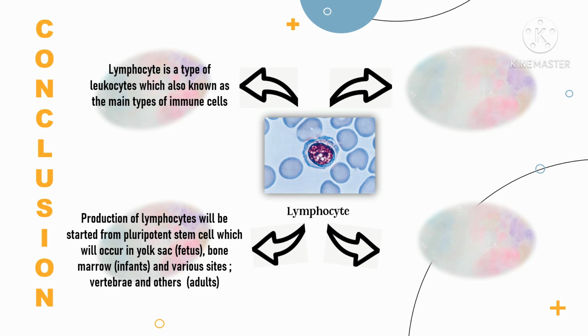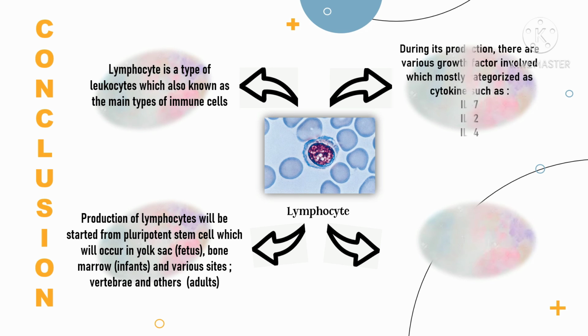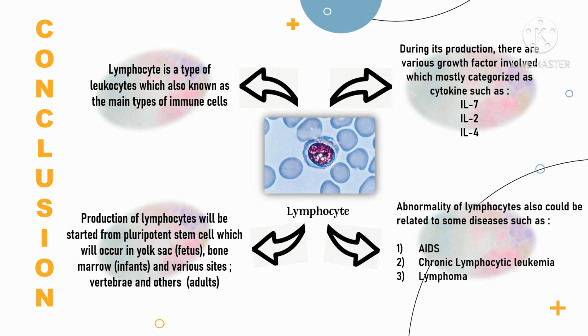This stem cell will then differentiate into more specific cells such as B and T lymphocytes. During its production, various growth factors are involved, which are mostly categorized as cytokines, such as interleukin-7, interleukin-2, interleukin-4, and more. These cytokines have their own function to support the production of lymphocyte cells.